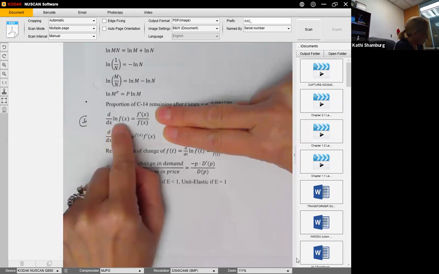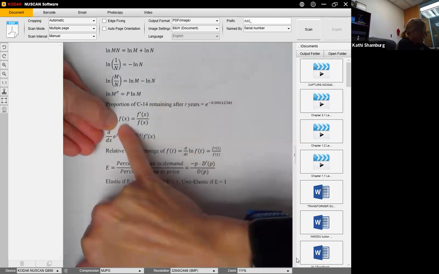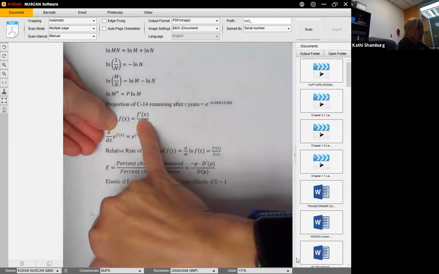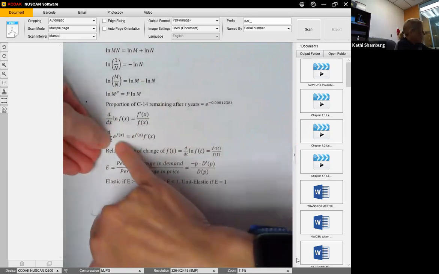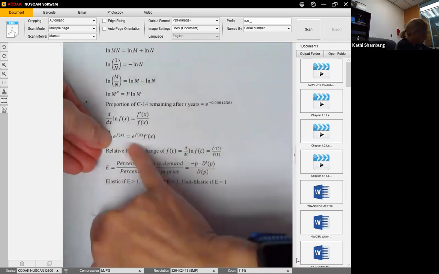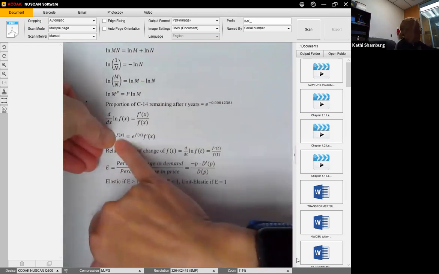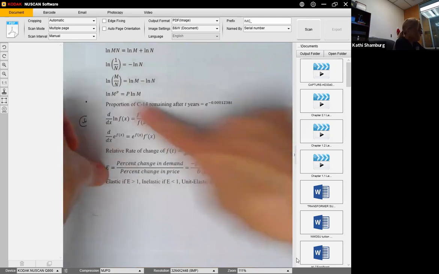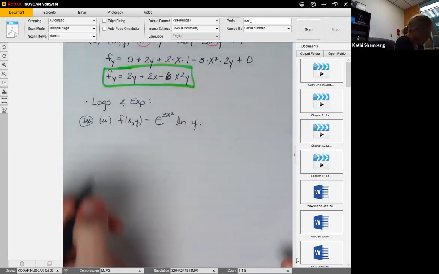So for a natural log, just look at what follows the natural log, and in the numerator, it's the derivative of that over that, whatever the natural log is. And if you're looking at the derivative of e raised to something, then remember, just rewrite it and then take the derivative of the exponent. So these are going to come into play as we take these derivatives.